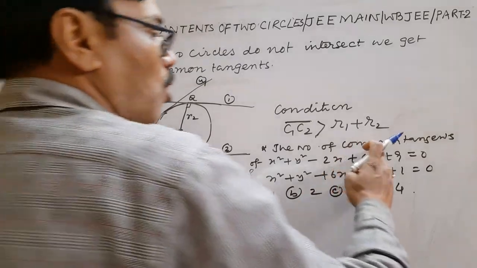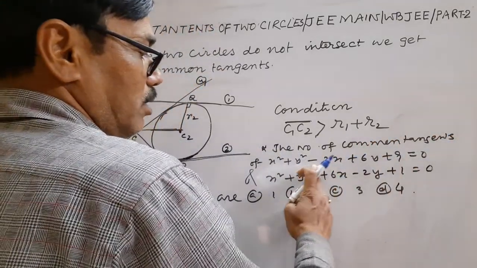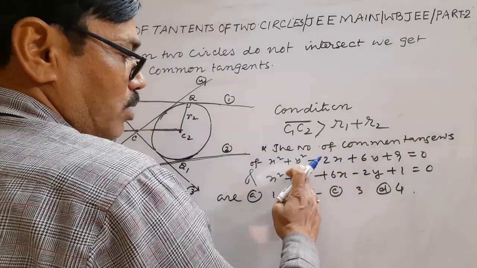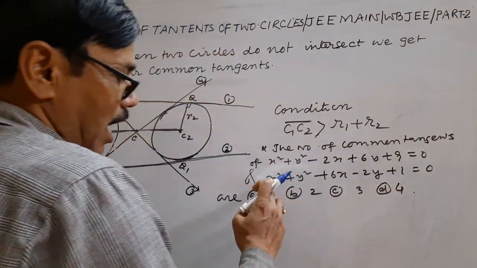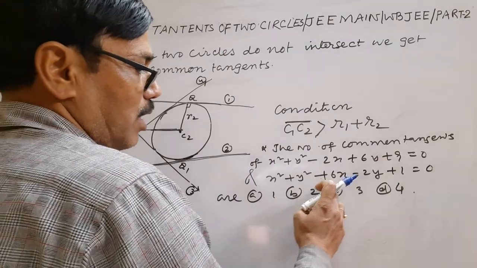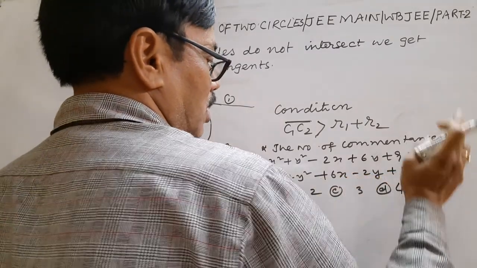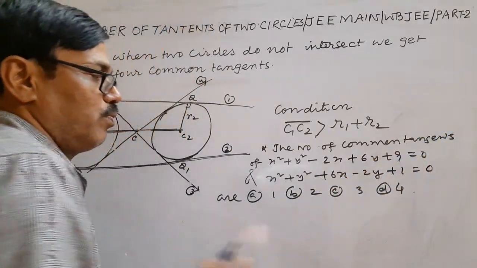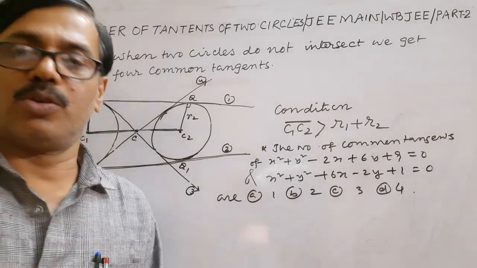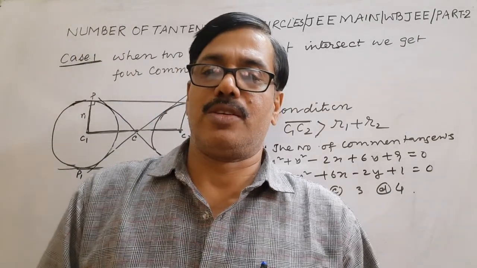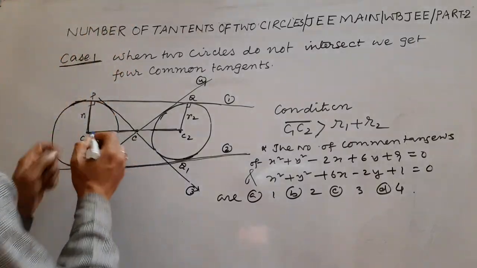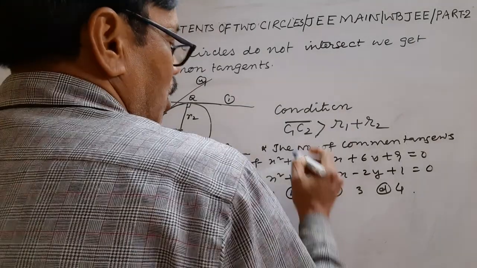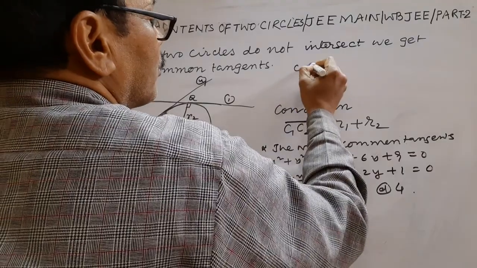The number of common tangents of the circles x square plus y square minus 2x plus 6y plus 9 equals to 0 and x square plus y square plus 6x minus 2y plus 1 equals to 0. So to find the number of common tangents, we need R1, R2 and the distance between centers. So what is C1?